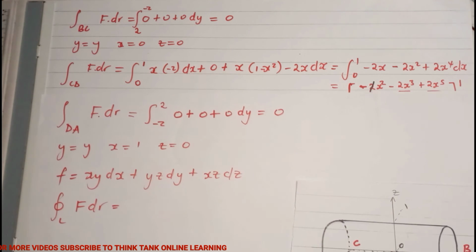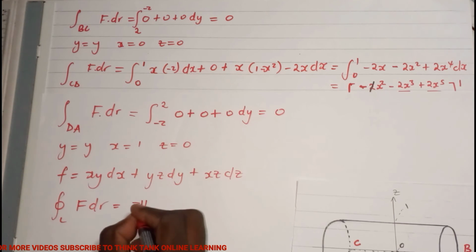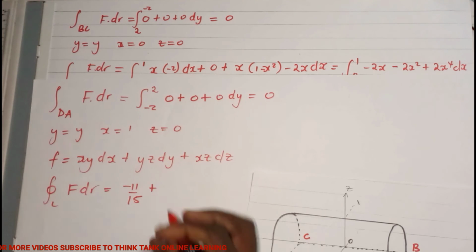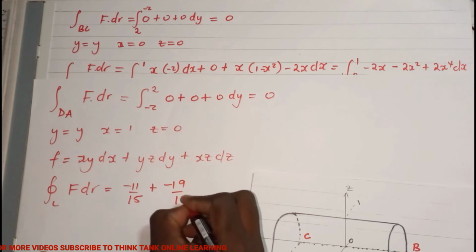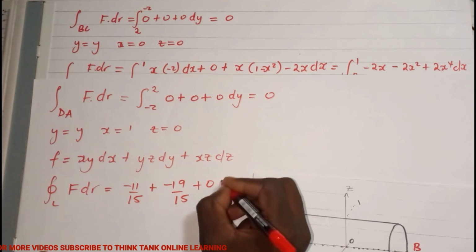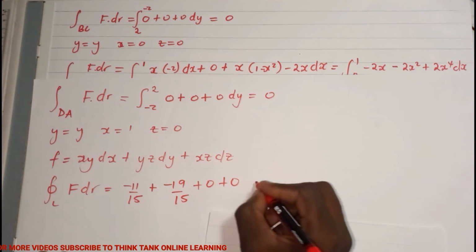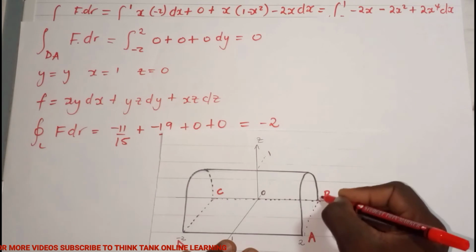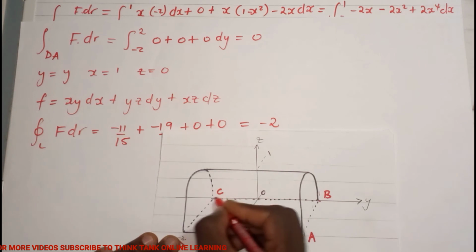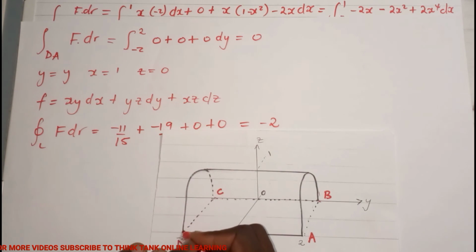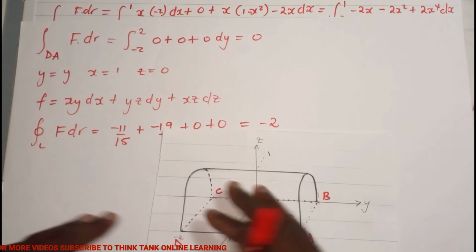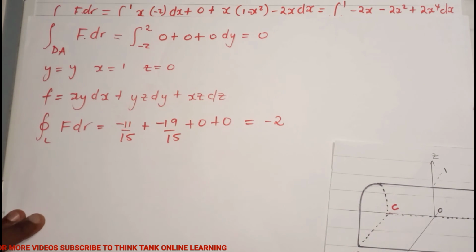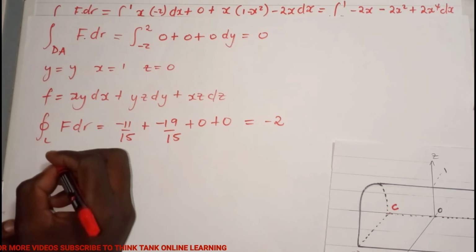We had negative 11 over 15, then 0 here, negative 19 over 15 here, and 0 here. So this is equal to negative 2, and when we computed Stokes' theorem, we also got negative 2. That means we verified the Stokes' theorem.